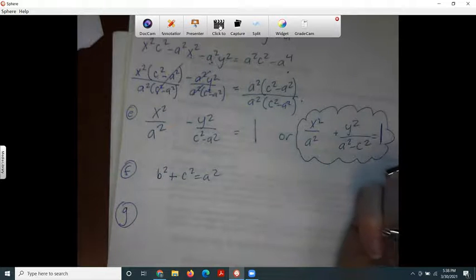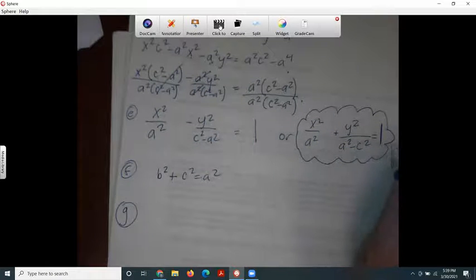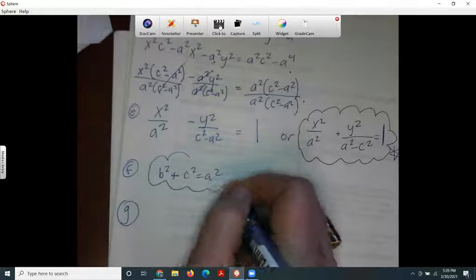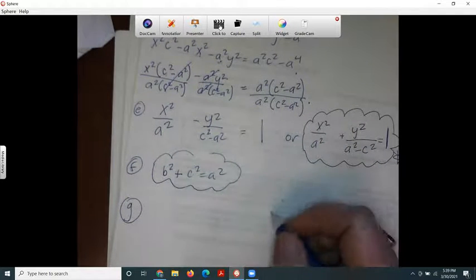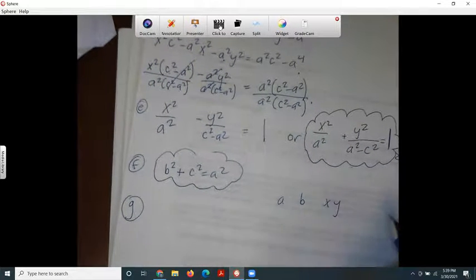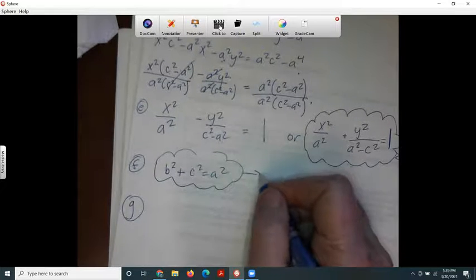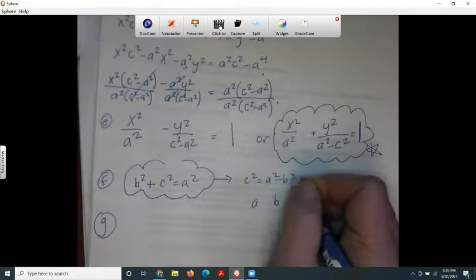Letter G says to use substitution on the equations you wrote in part E and F to write the equation for the ellipse using only A, B, X, and Y. So I can only use A, B, X, and Y. So that means I got to get rid of C. So I think I'll rearrange this thing so that I have C squared equals A squared minus B squared.